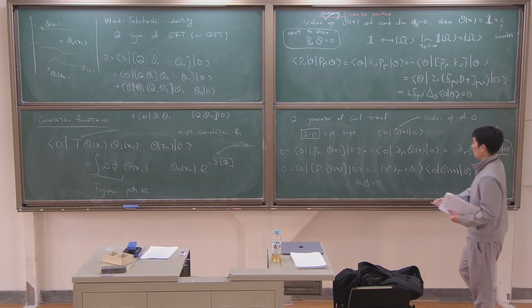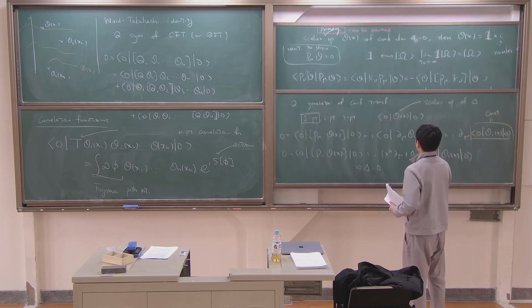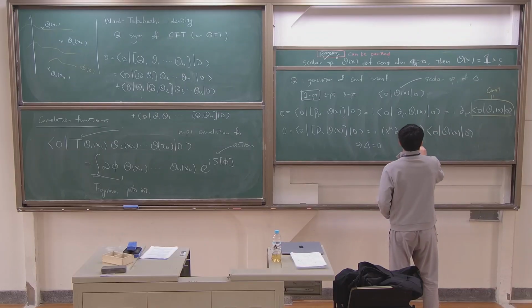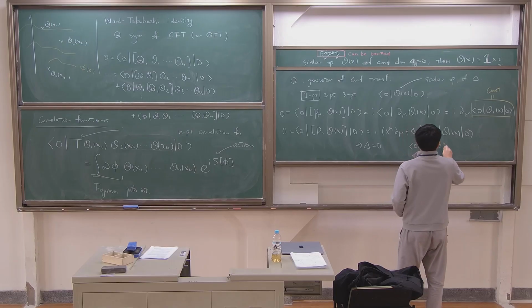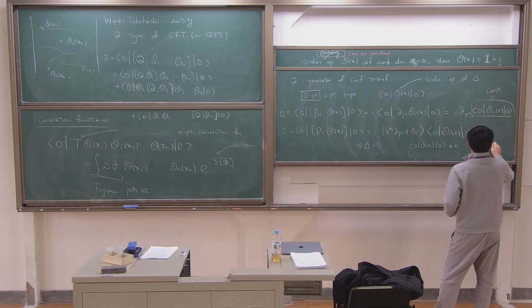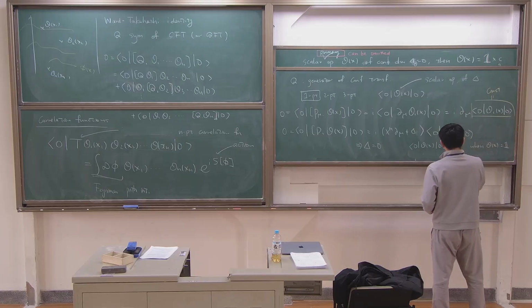Therefore, the one-point function is non-zero only when the operator is the identity, otherwise 0.